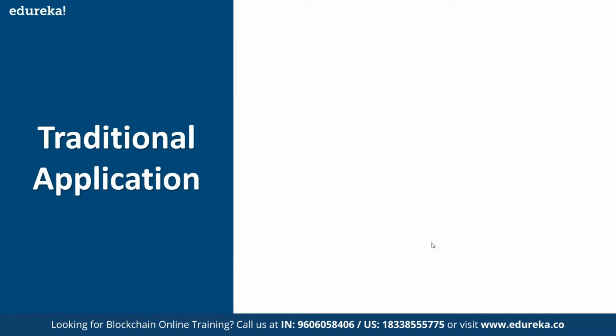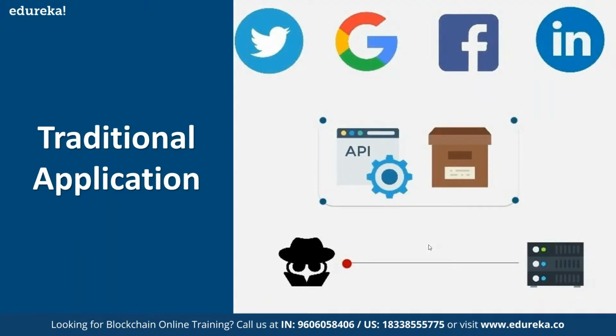This is what happens in the traditional application scenario. And if someone who is into hacking, or who is aware of how everything happens, there is a high chance that it can be tampered with in a quick manner. So that is one of the serious issues that we have in current applications.